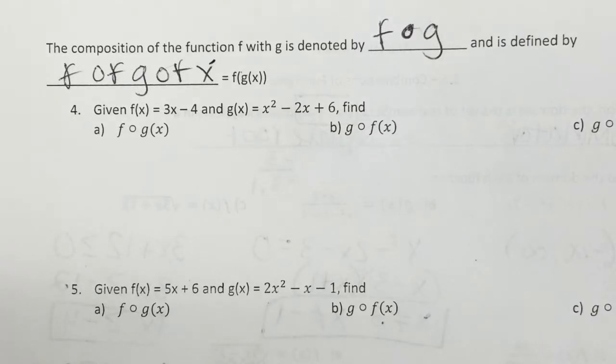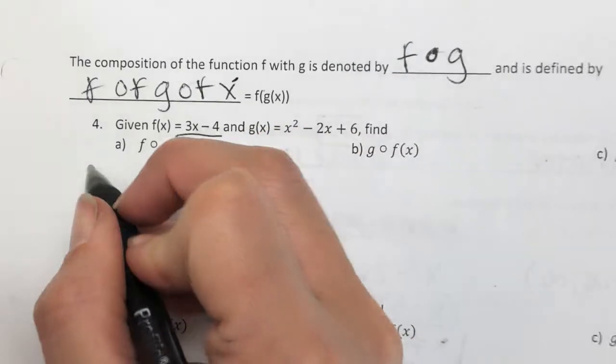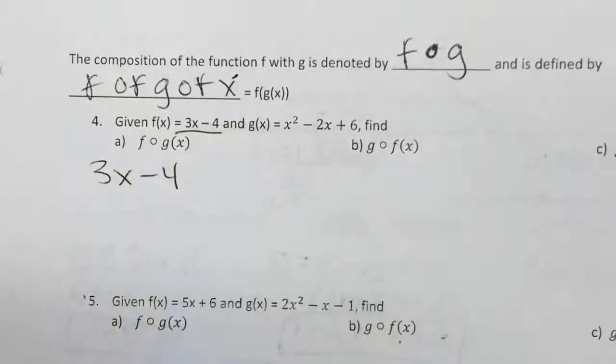Alright, the first letter they give us is the function that we are using. So the first letter here is f. So this is the function I'm using, 3x minus 4. When we compose functions, what they're asking us to do is plug the second function into this function. And there's only one place to plug it in.